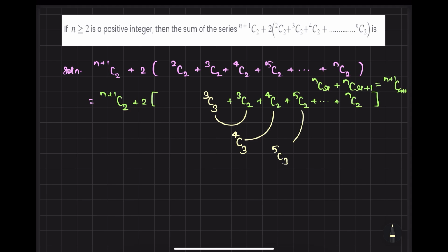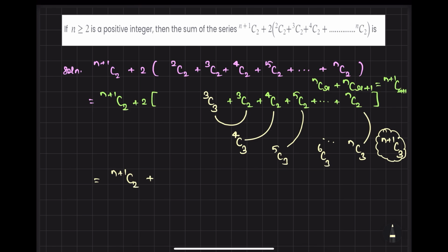Now these two will get clubbed and will produce 6c3, and we will keep on going and we will have nc3. Now these two will get clubbed and will produce n+1c3. Correct? So the box result is n+1c3.